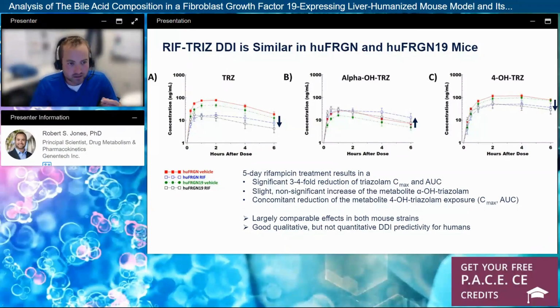In particular, the specific absolute quantitative translation of these drug-drug interactions in terms of fold change of both the parent as well as metabolite needs to be further investigated, and in particular, they could still warrant human-specific drug-drug interaction studies moving forward.